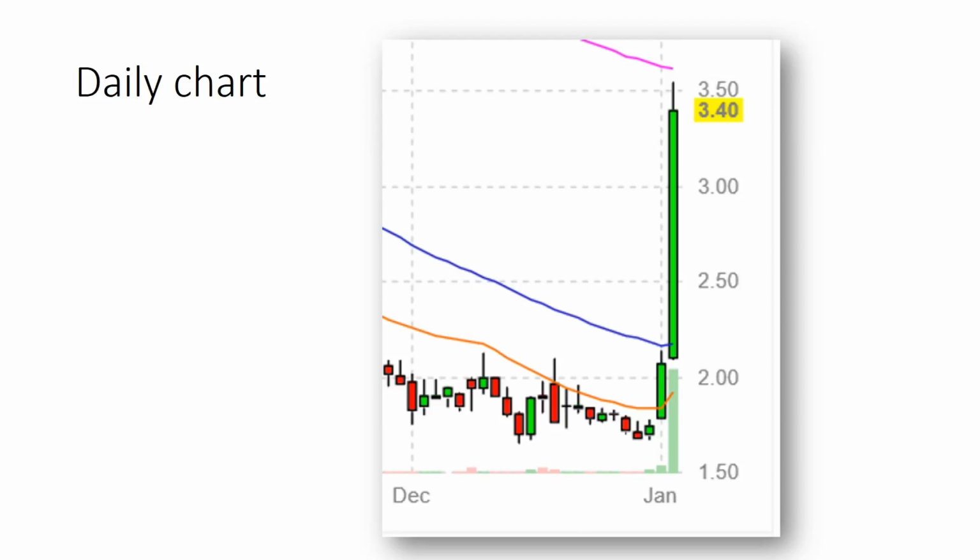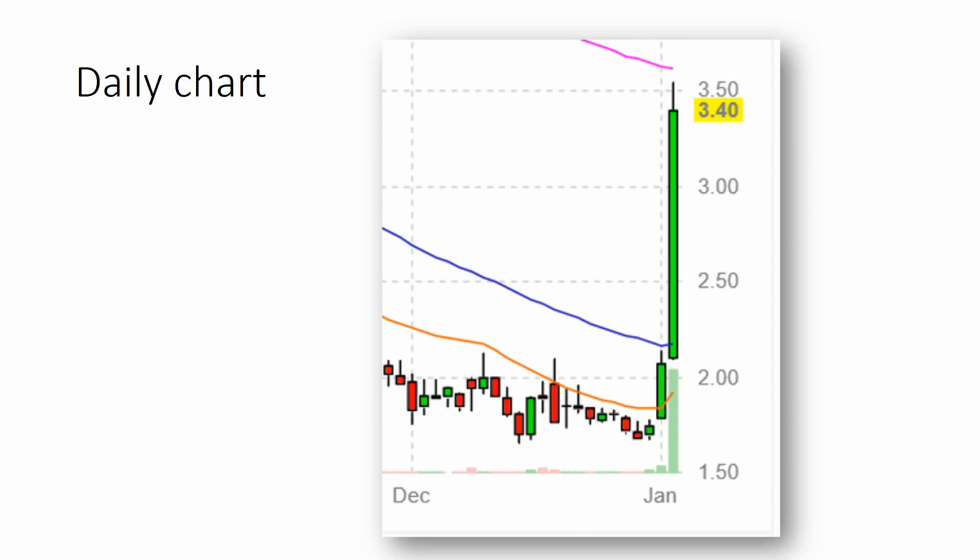And then all of a sudden in January, there were these big moves higher. And it's not so important as to why this moved a certain way, but just kind of think of what you see on the daily chart. So okay, January 4th is when there was that big move higher.